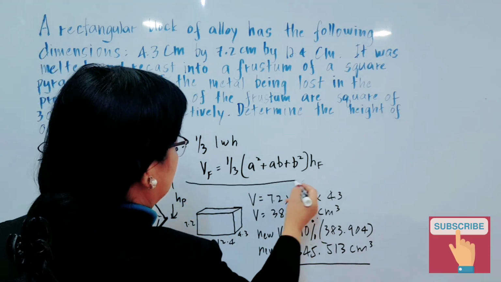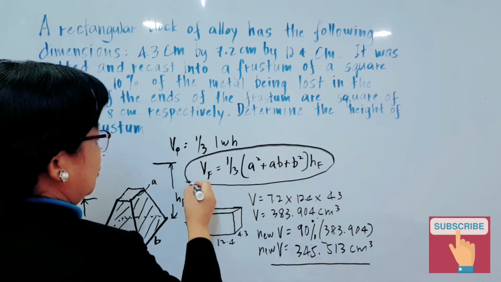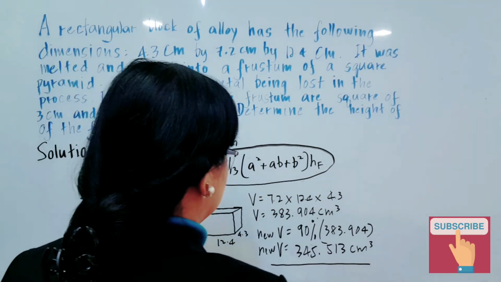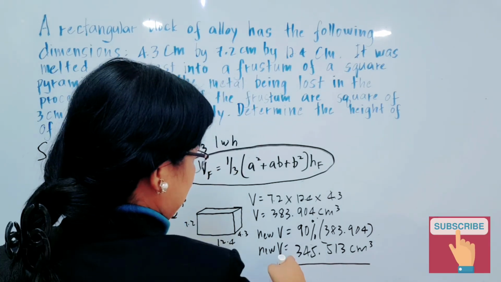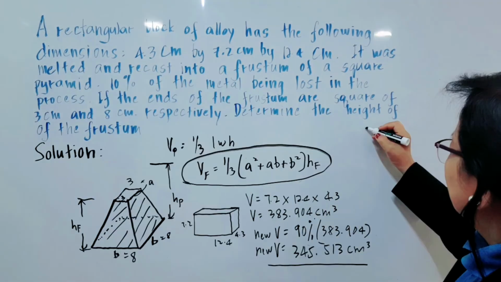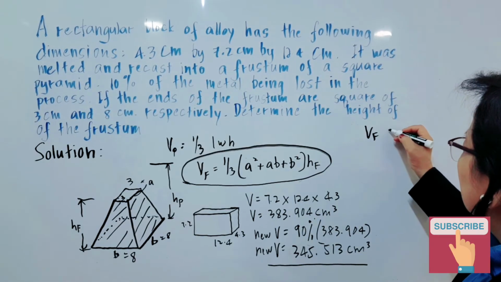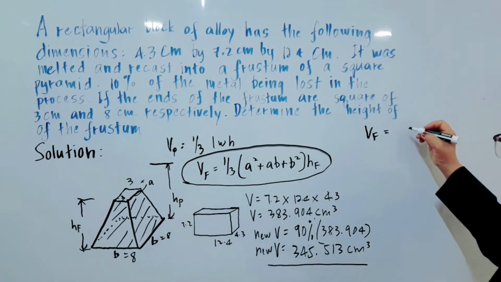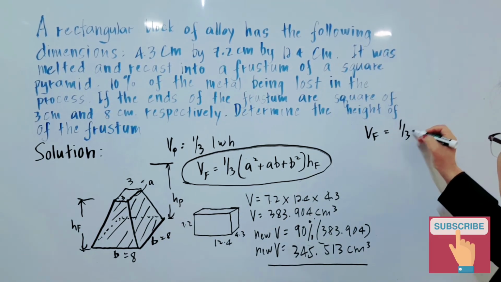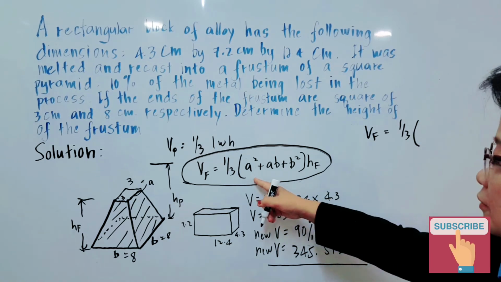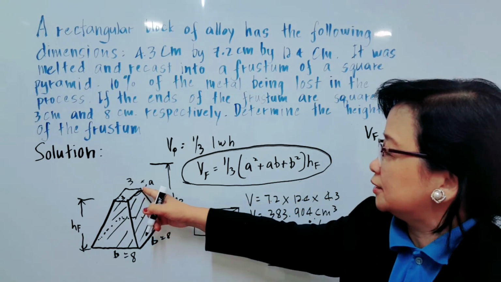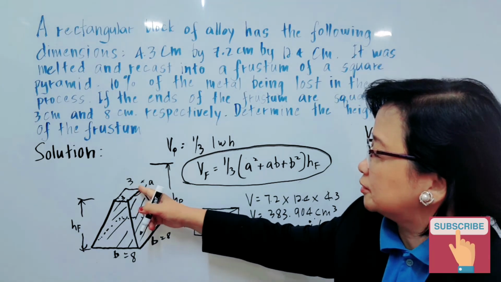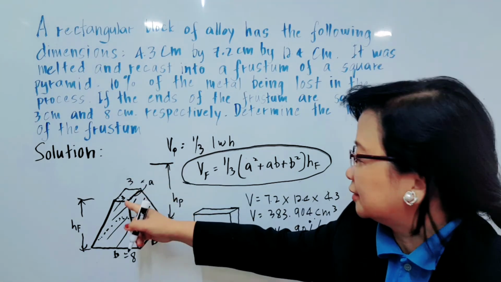So, substituting the value of this new volume, the volume of the frustum is equal to 1/3 times A squared, where we designate this as the top dimension of the frustum, which is 3 cm by 3 cm.